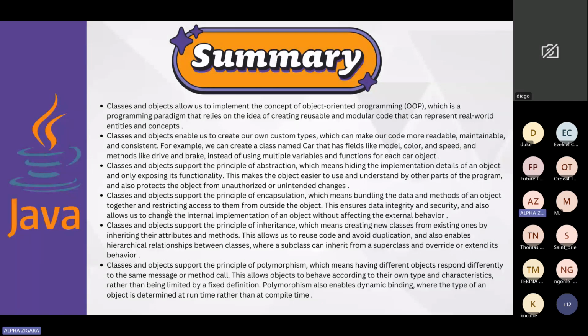Number two, classes and objects enable us to create our own custom types, which can make our code more readable, maintainable, and consistent. Number three, classes and objects support the principle of abstraction, which means hiding the implementation details of an object and only exposing its functionality.